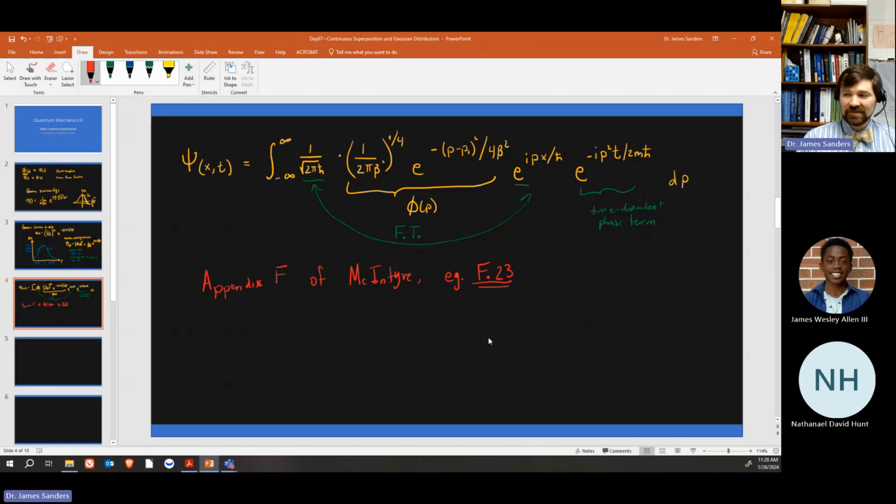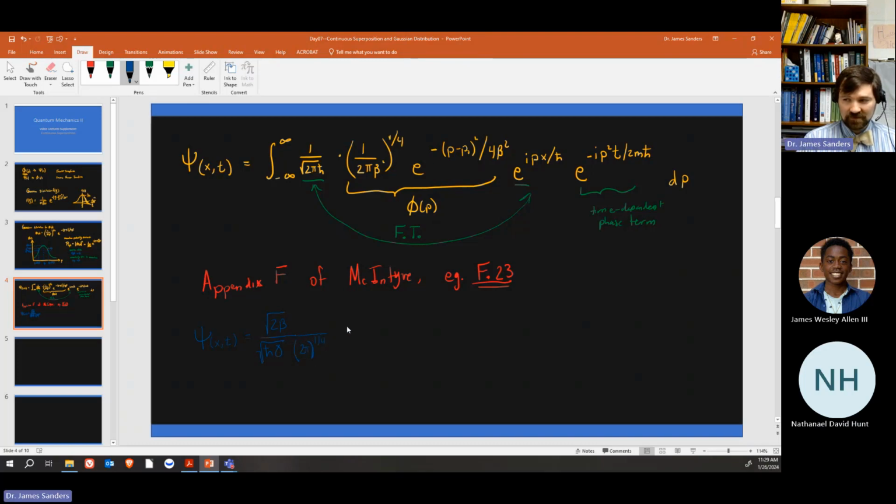And essentially what the result ends up being for this thing is psi of x comma t is the square root of 2 beta divided by h bar gamma. That's a square root. And then essentially the fourth root of 2 pi.